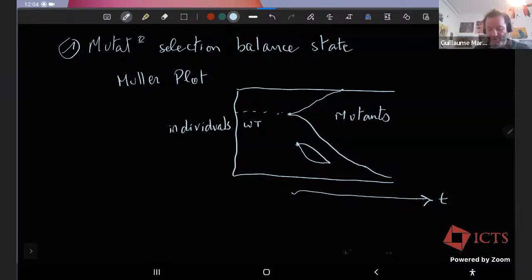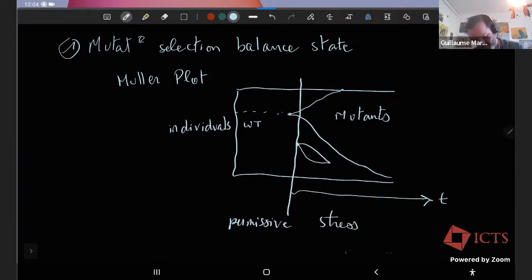So in a rescue process, we would have something like this, but the difference is that at some point the environment will change. So we'll have the permissive environment before and the stressful environment after that. It's a discrete, abrupt change in the environment.